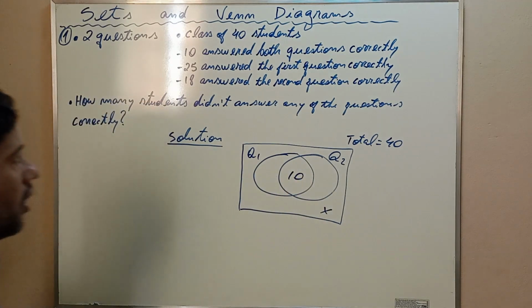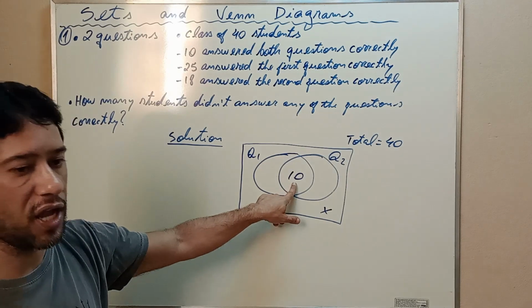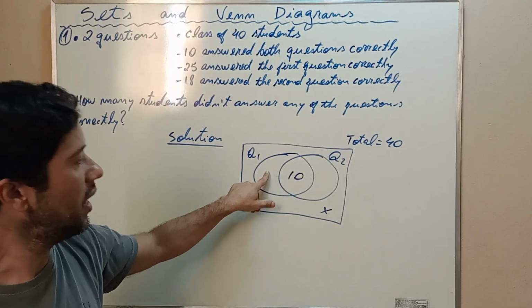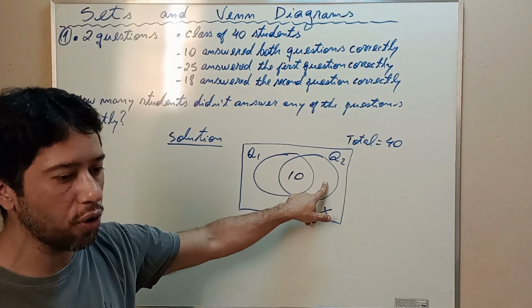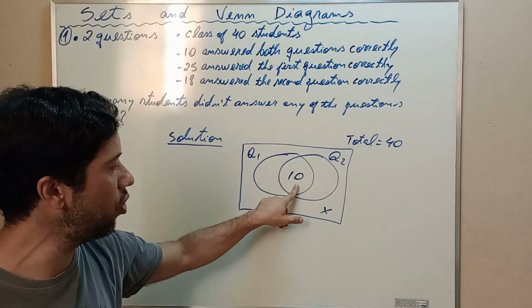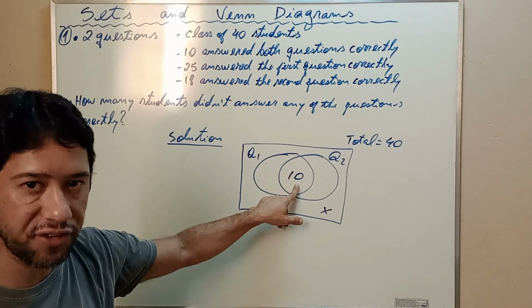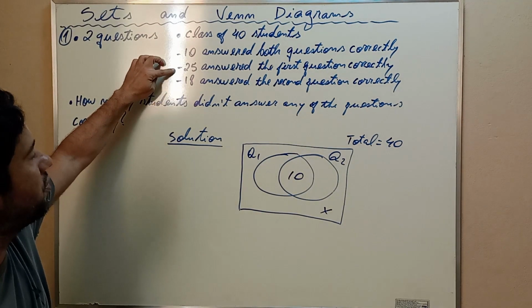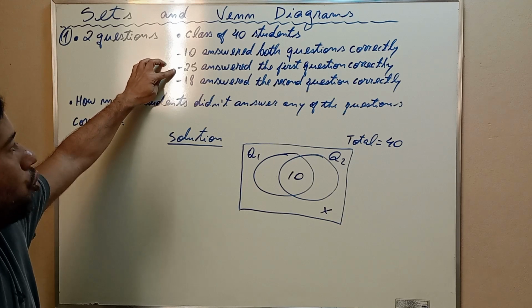It means that these 10 students here answered both question 1 and question 2 correctly. That's why they belong to the intersection of the sets.